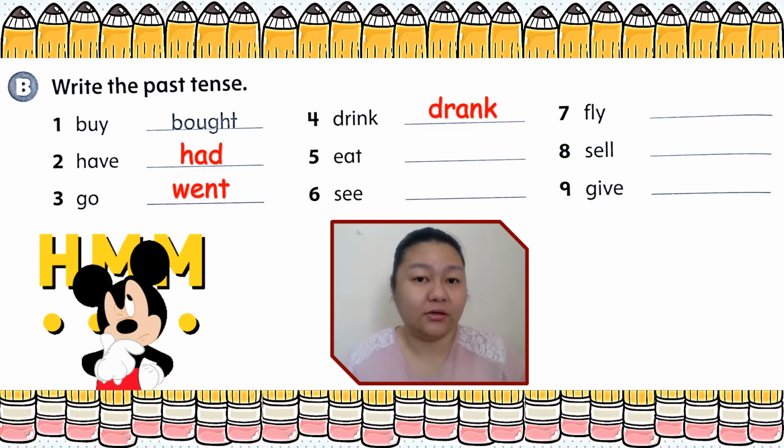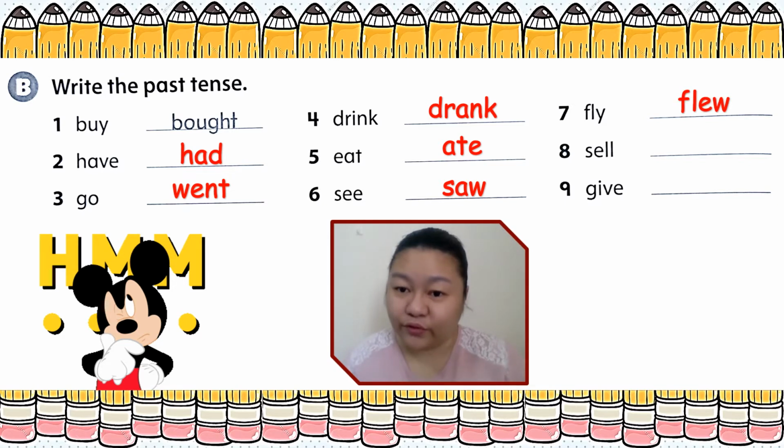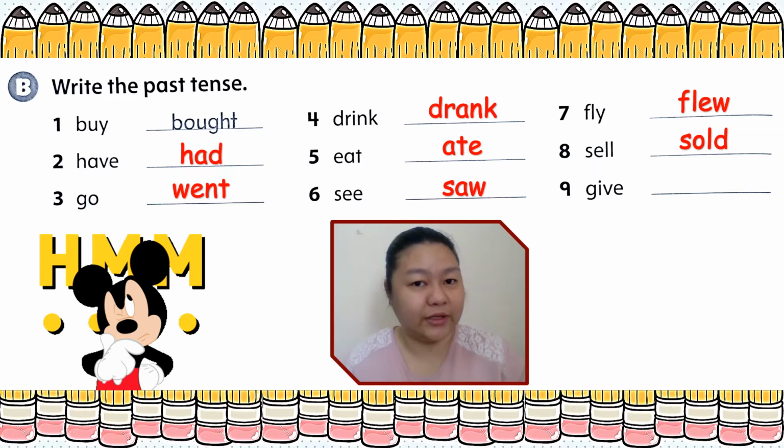Boys? Ate. And number 6, which one? Saw. Correct. Number 7, batch 2? Flew. Very good. Now number 8, all the bus riders? Sold. And number 9, those who are not bus riders? Gave. So can we read it all together?